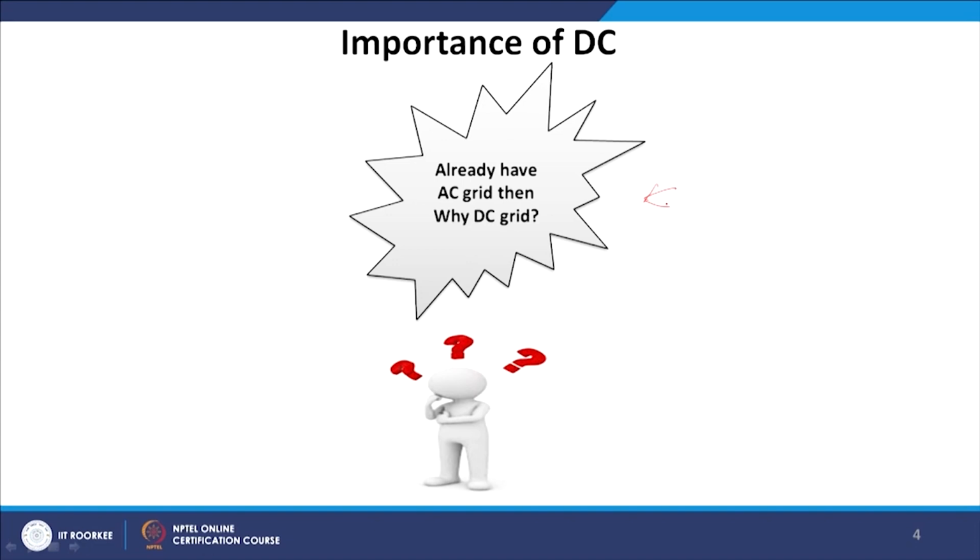The very easy answer could be because of the maximum DC load, maximum DC source, and the energy storages. There is nothing wrong in moving to DC grid instead of AC. But to be very practical, we cannot replace the AC system at all, but the DC grid can play a complementary role to your existing AC grid.